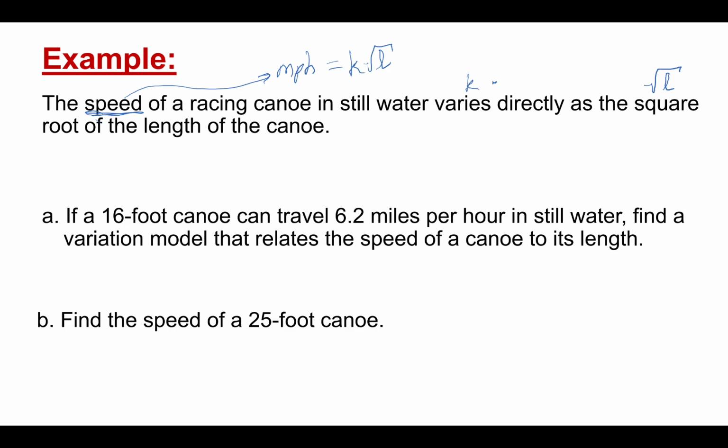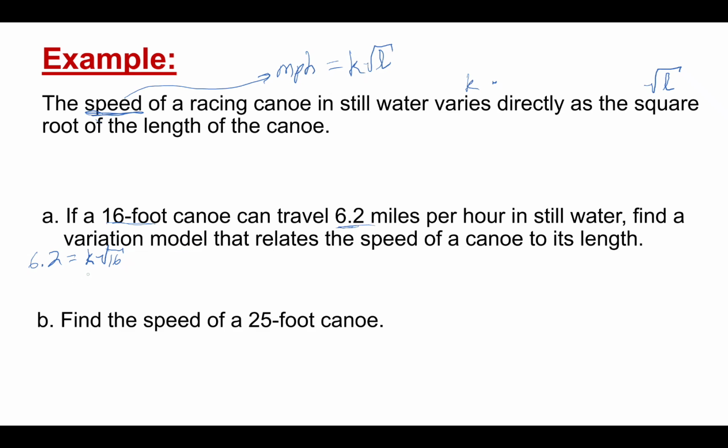Then we say, okay, what do we want to do with it? If a 16-foot canoe can travel 6.2 miles per hour in still water, 6.2 being my speed, 16 foot is my length, find K. So we have 6.2 is equal to some K times the square root, and I have 16.